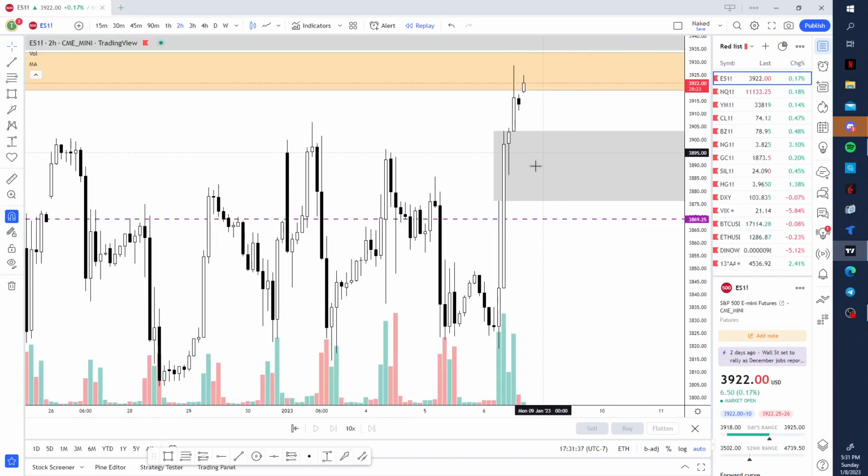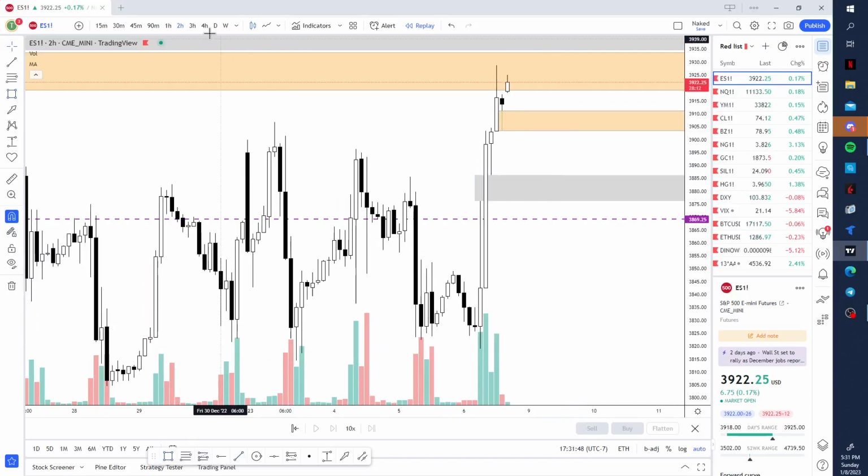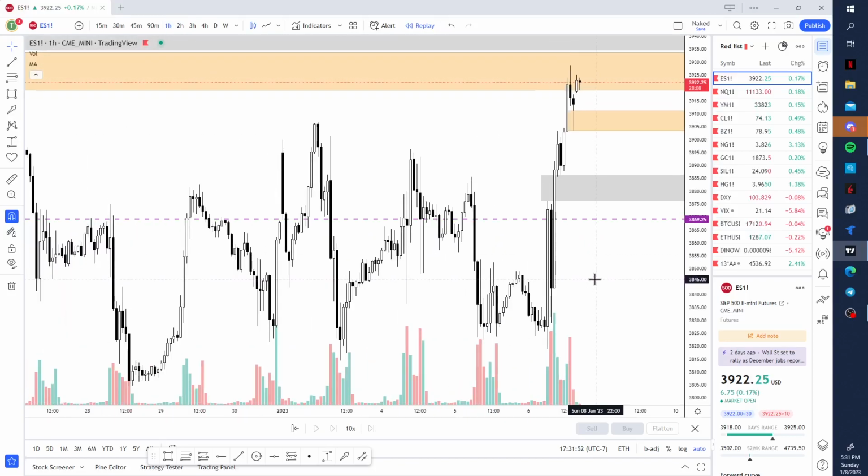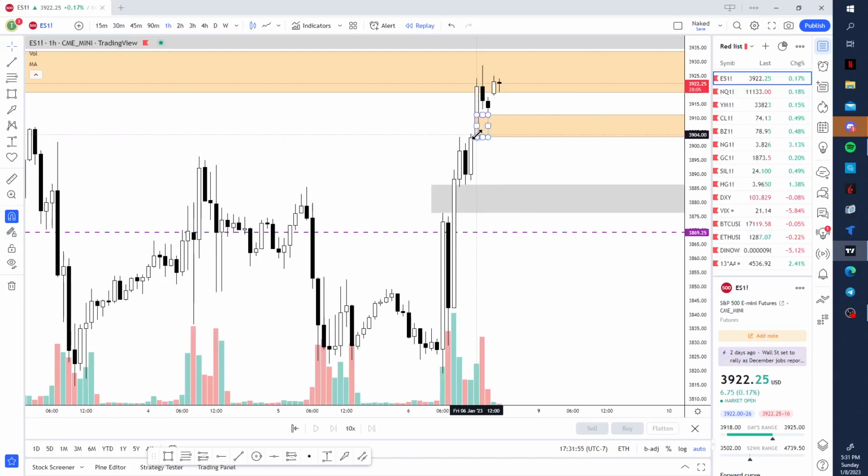Looking at this on the 2 hour, there's a small one here, which I think we could retest prior to going higher. And there's another one here. It's kind of the same here as well.